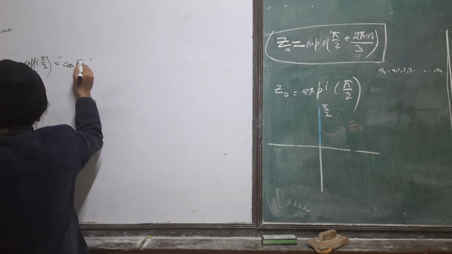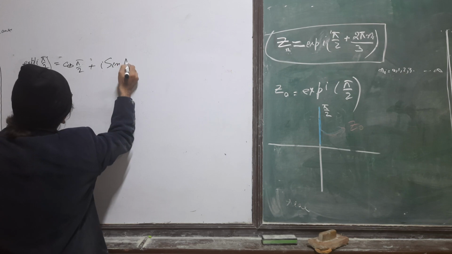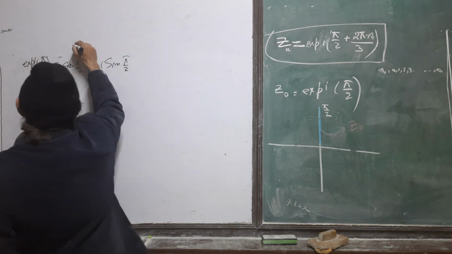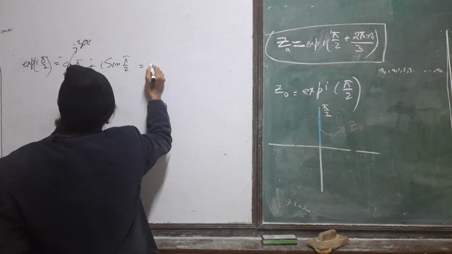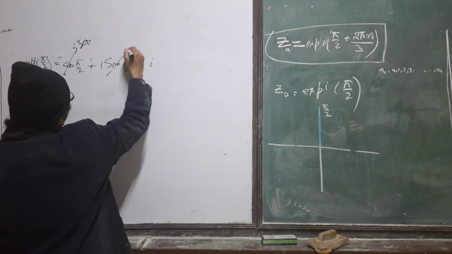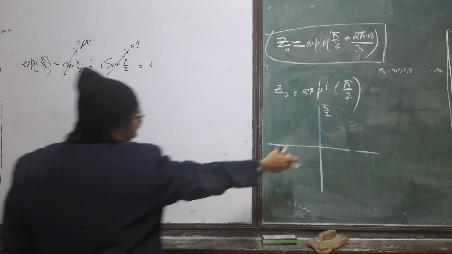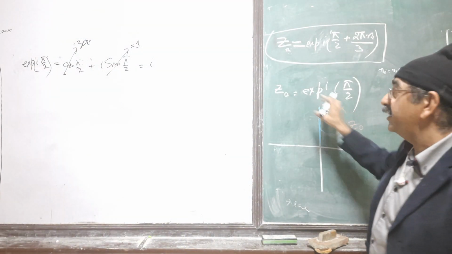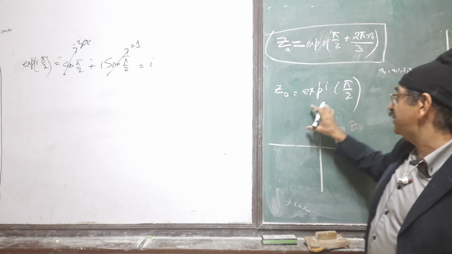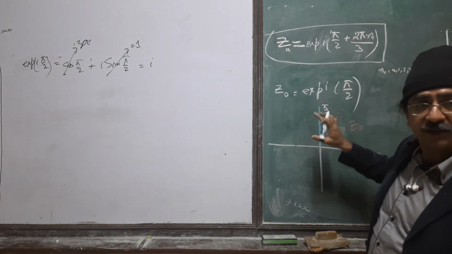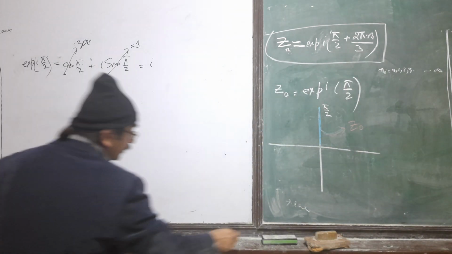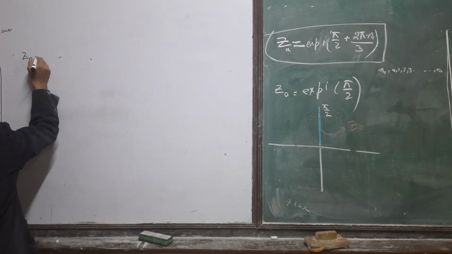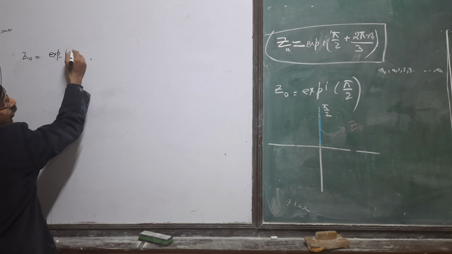Cos pi by 2 plus i sine pi by 2. Cos pi by 2 is 0, and sine pi by 2 is 1, so that is equal to i. This is the real axis, this is imaginary. But here I am considering only the angle. So Z0 will be exponential of i pi by 2.